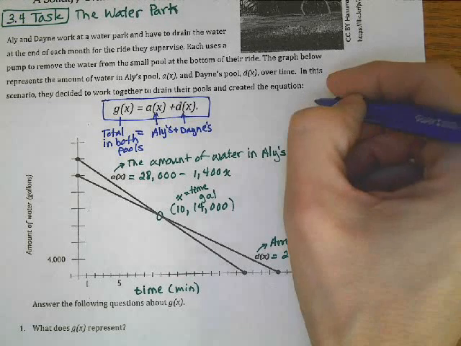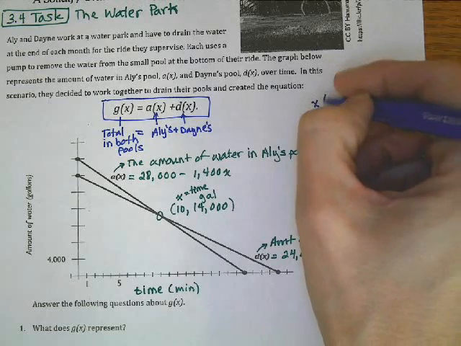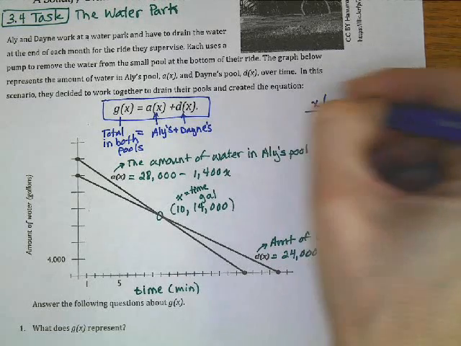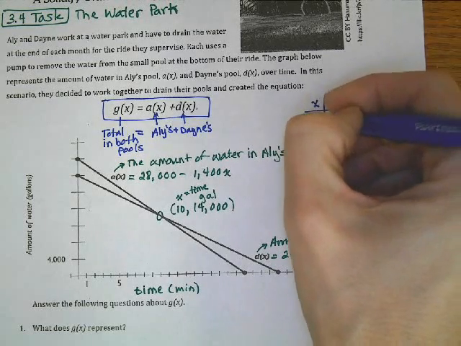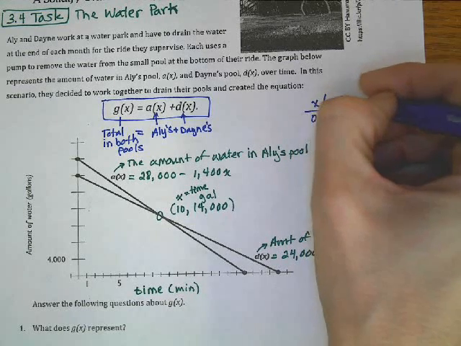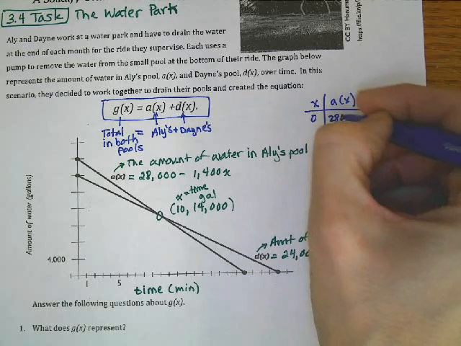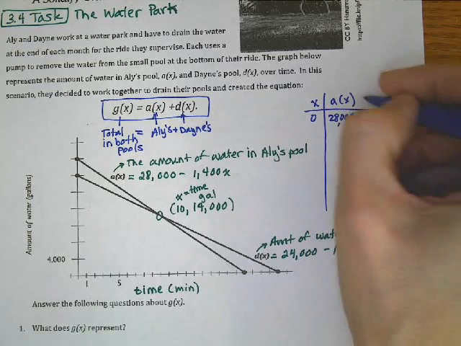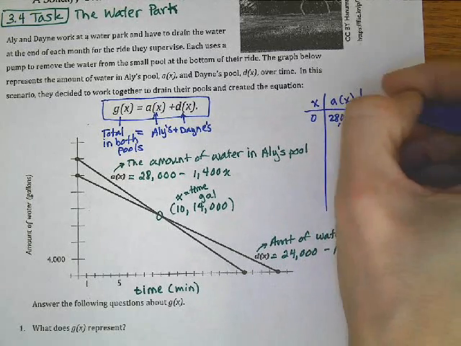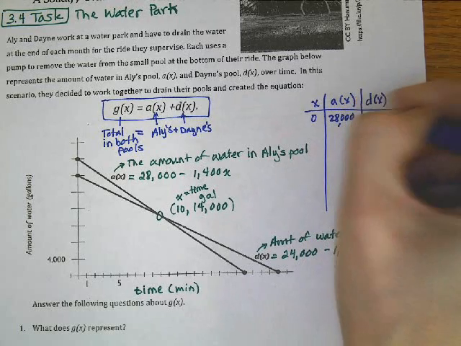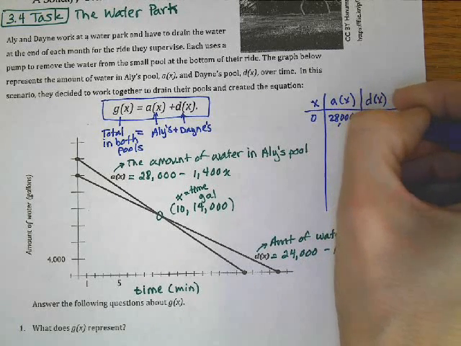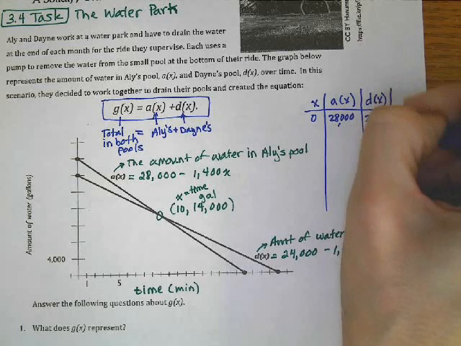So at time 0, Allie's pool had 28,000 gallons. Dane's pool had 24,000 gallons. And asking us to do in this scenario, they would have had a total of 52,000 gallons.